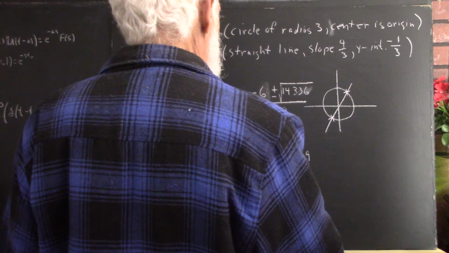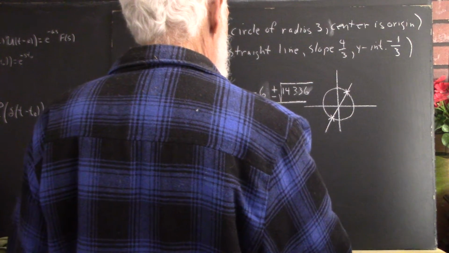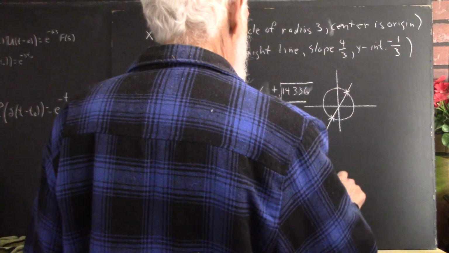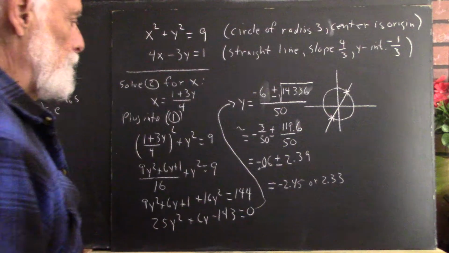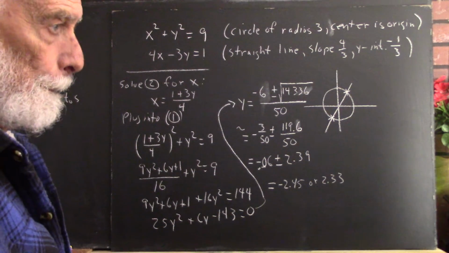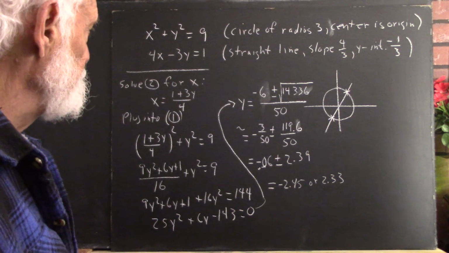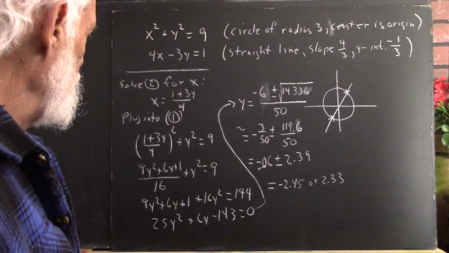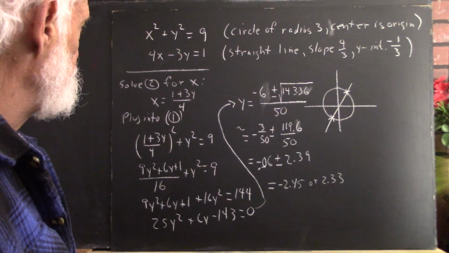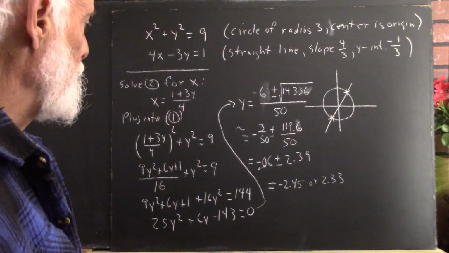But this could equal then negative 2.5, 2.45, or 2.33. If the slope was three-fourths, that would make a little more sense.